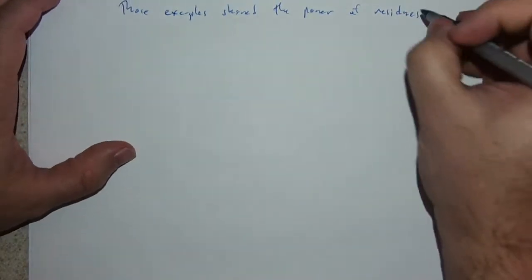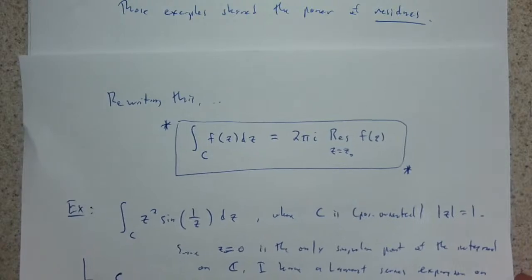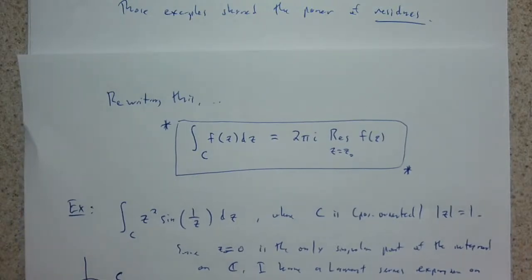Remember, residues are really just the n equals minus 1 coefficient in the Laurent series expansion. And it turns out that directly from Laurent's theorem, no proof needed, it just fell directly out of the theorem that we can compute contour integrals of functions in this way, by computing their residues. That is, by computing that b sub 1 coefficient.